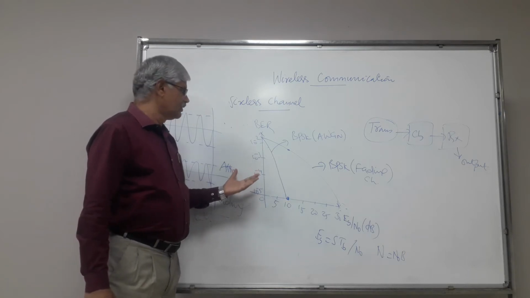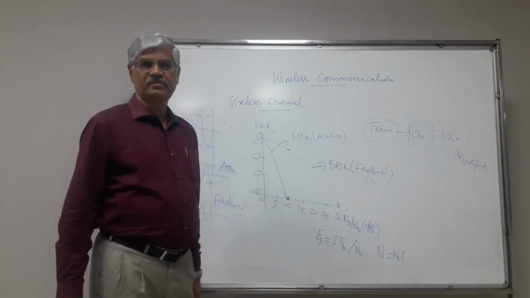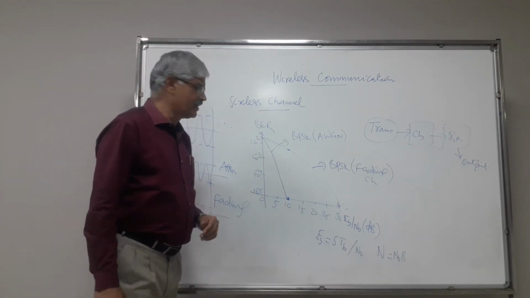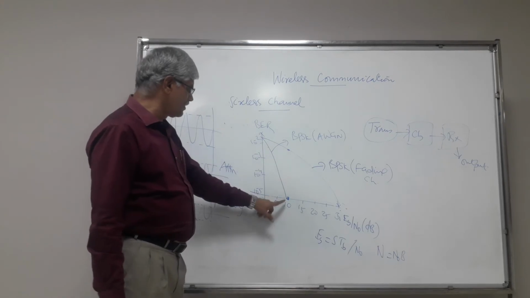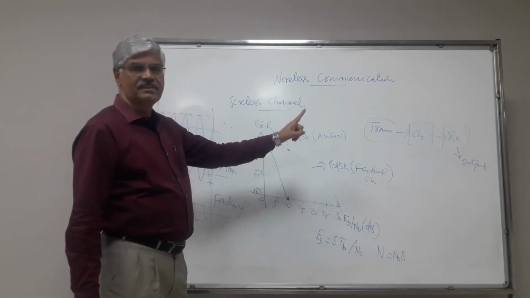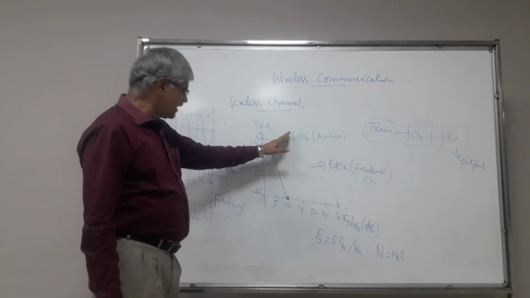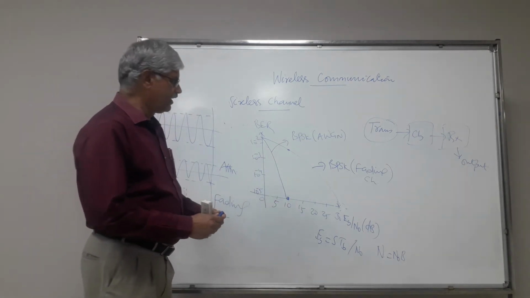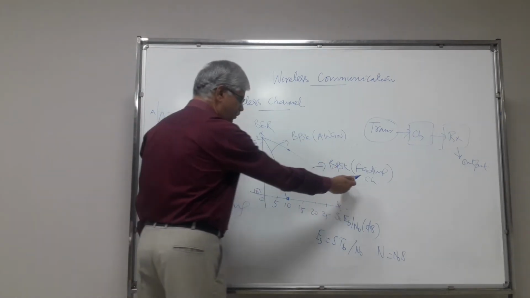What can we do? We can employ error control coding. So you employ a powerful error control coding to transmit the same power, but this error can be brought down. Then this curve can be moved this side.